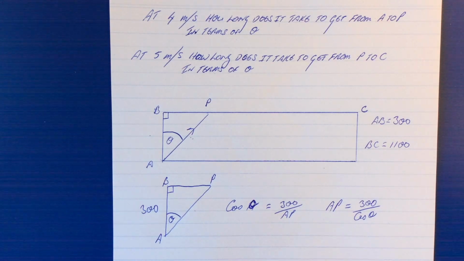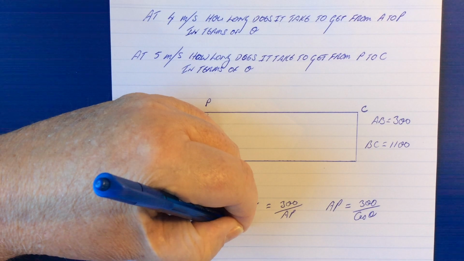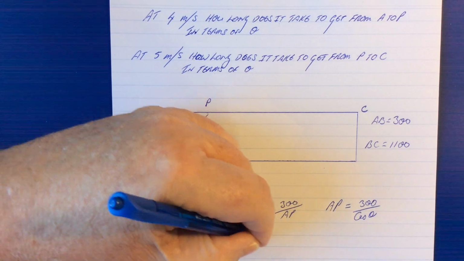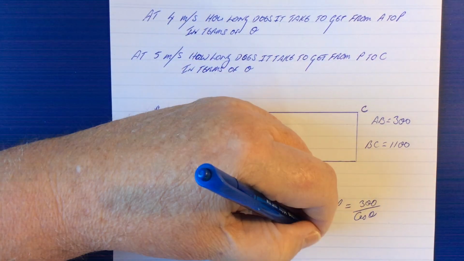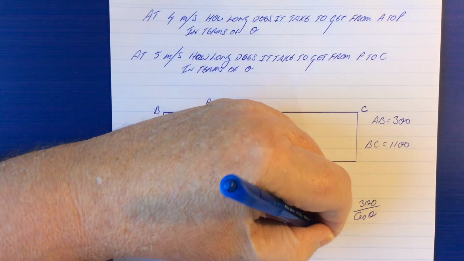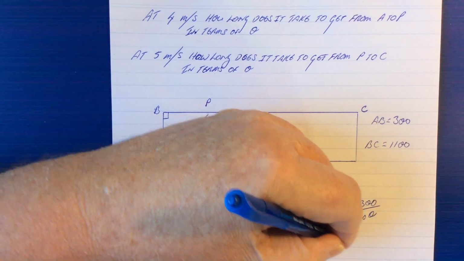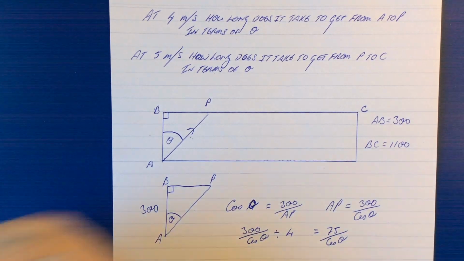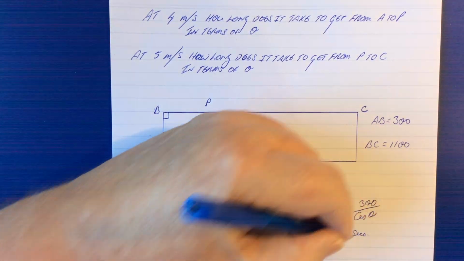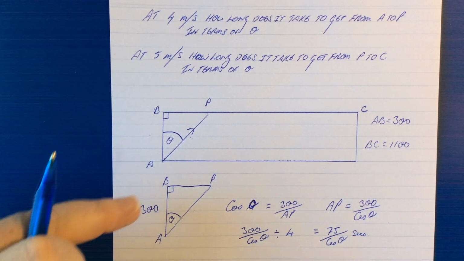That's velocity, it's speed. So we have distance and we have velocity. We're looking for time. There's a relationship. All we have to do is take 300 over the cosine of theta and divide it by our velocity, which is 4. And our answer is 75 on cos theta. That is how long it takes in seconds to get from A to P.